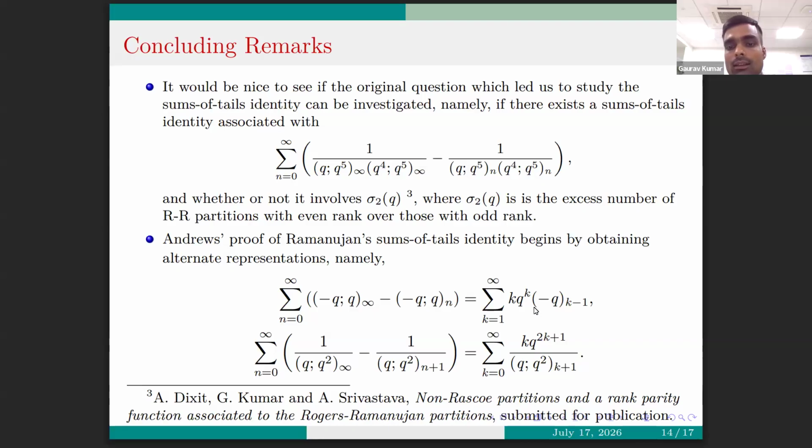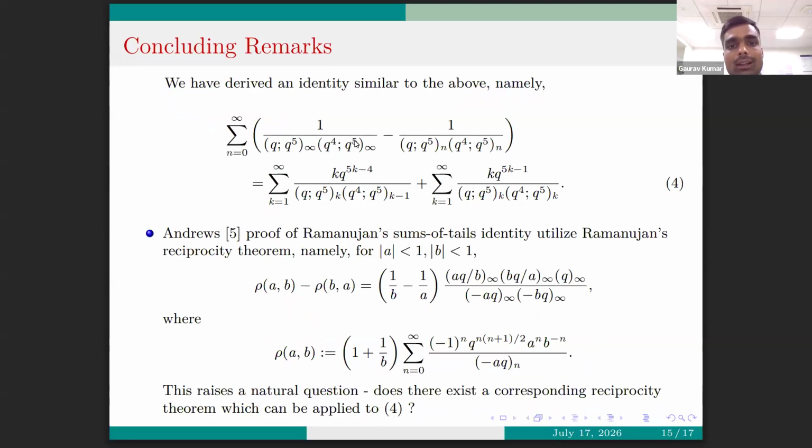You can see he uses combinatorial techniques to express this left-hand side in terms of this particular sum, for both. We were able to take an analogue of that particular step, and we combinatorially obtained the left hand side for our identity, which was this particular two term sum.